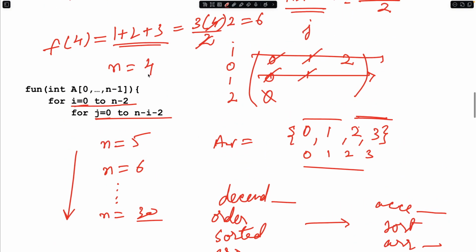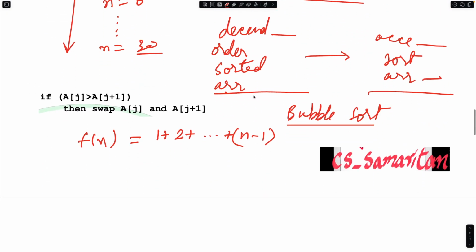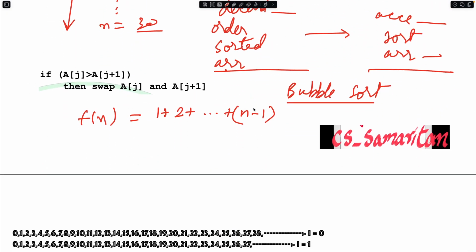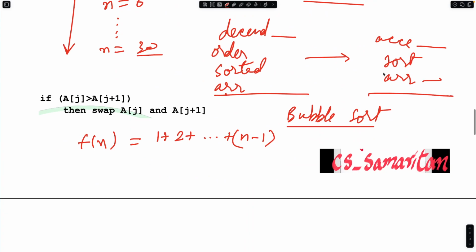See, for 4 it added till 3. For 3 it added till 2, 1 plus 2, right? So for n it is going to add till n minus 1, and if we feed n minus 1 into our formula, what is that going to give us? It is going to give us n minus 1 times n by 2. That is your answer.